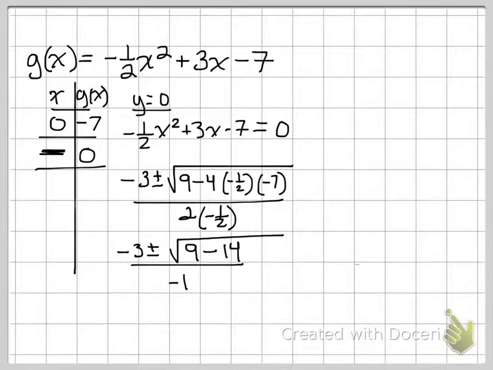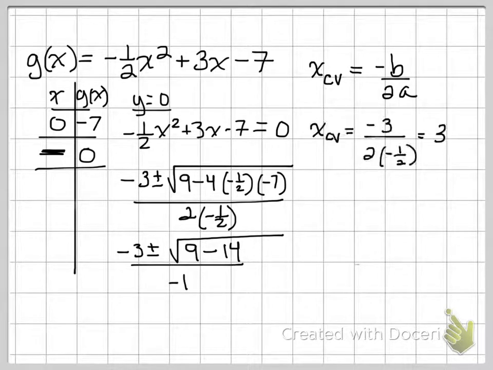Now on this part here, I'm asking you to remember that the x-coordinate of the vertex is -b over 2a. So I took the b, the 3, and I did the opposite of that, and then I took the a, I multiplied that by 2.